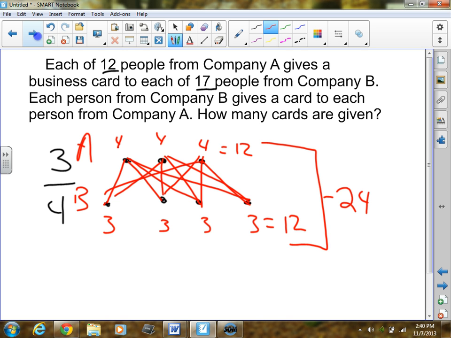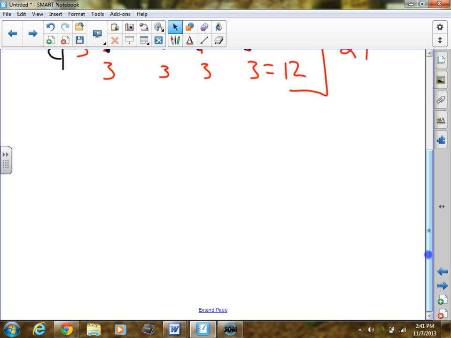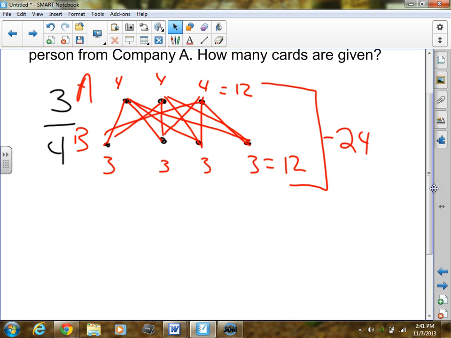So the way we can show this is going to be like this. I'm going to extend the page a little bit. We could do 3 times 4 and get the first one, and then 4 times 3 and get the second one.